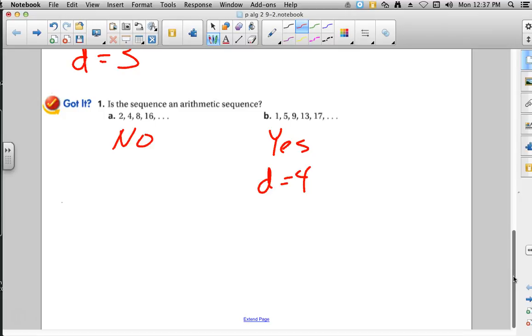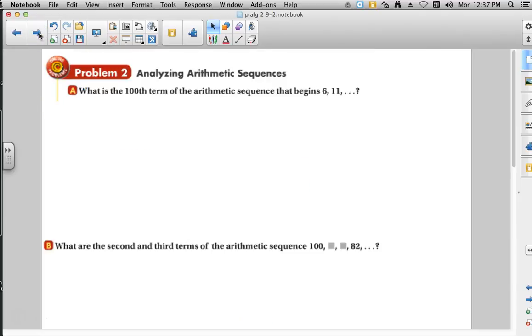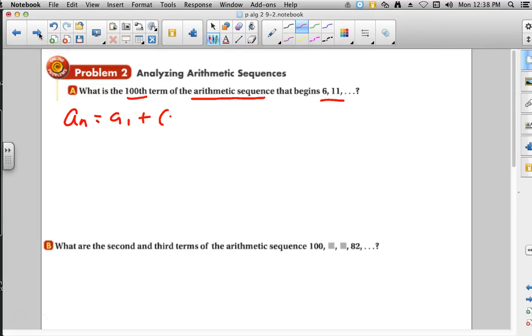So we need to know them when we see them. We want to know, hey, this is arithmetic, so we can use the rules for arithmetic sequences, which we are getting to right now. It says, what is the 100th term of an arithmetic sequence that begins with 6 and 11? They flat out told us this is arithmetic. And every time I see a problem that says it's arithmetic, I'm writing down this formula, because chances are pretty good that if it's arithmetic, I'm going to need it.